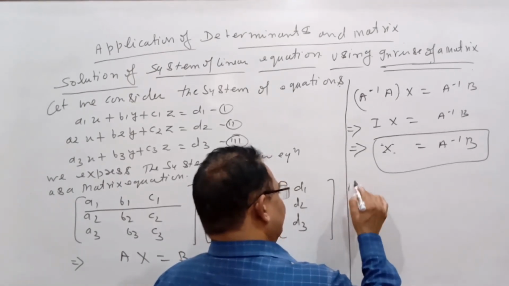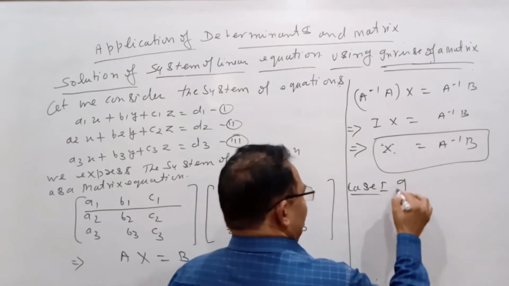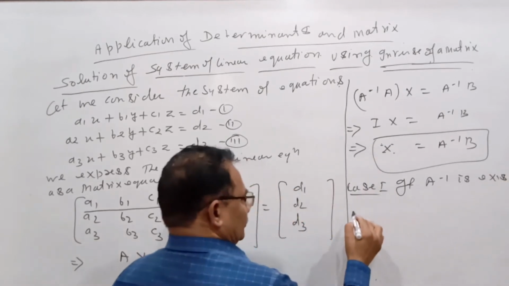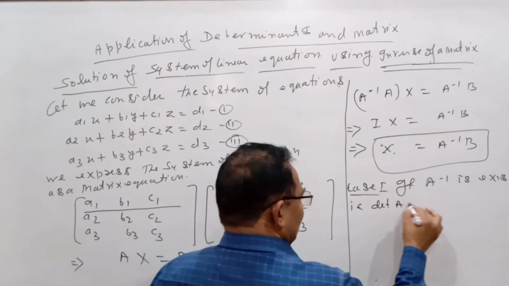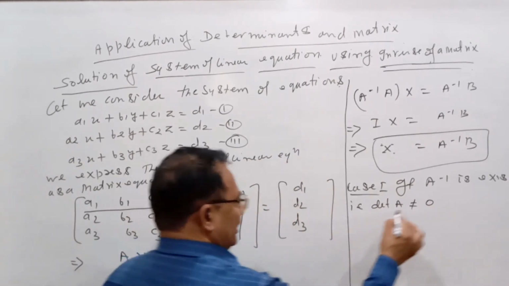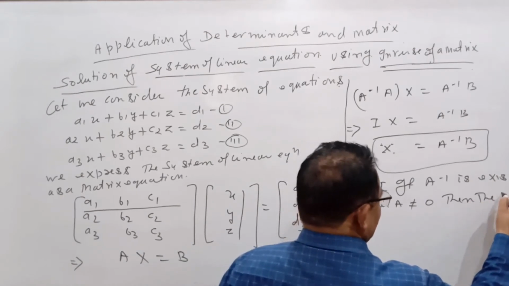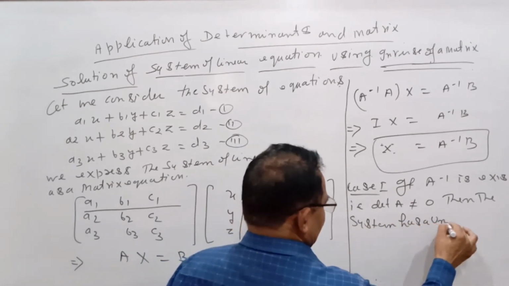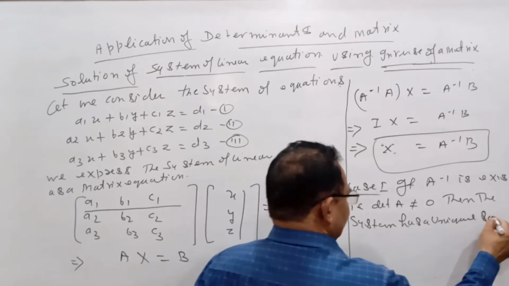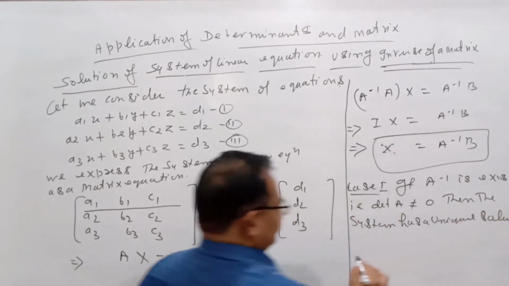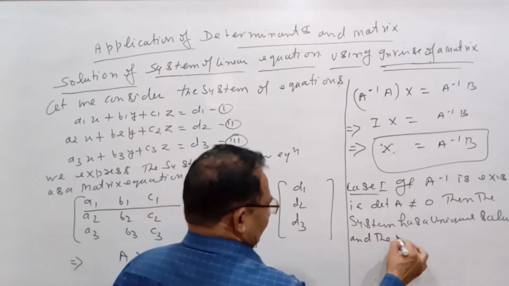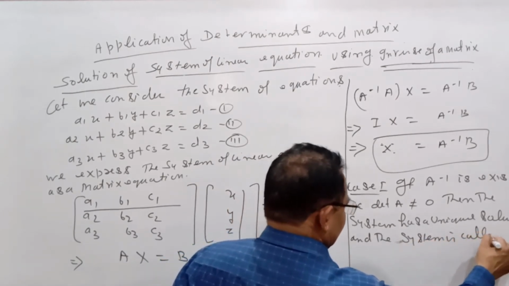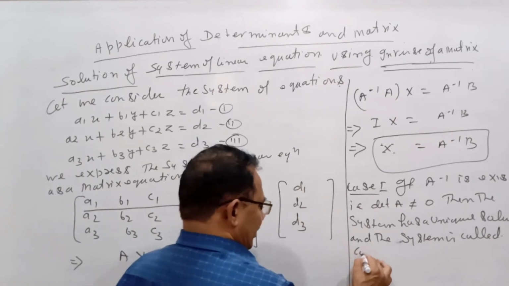Case first. If A inverse exists, that is, the determinant of A is non-zero, then the system has a unique solution, and the system is called consistent.